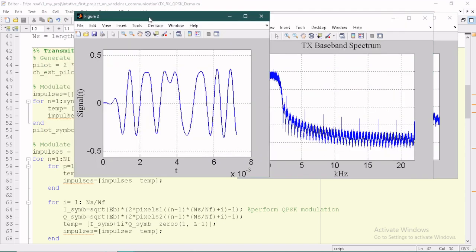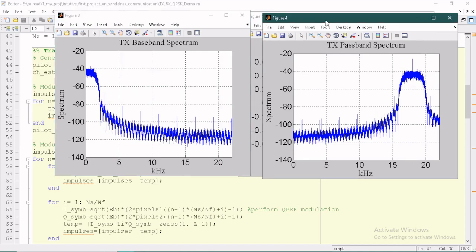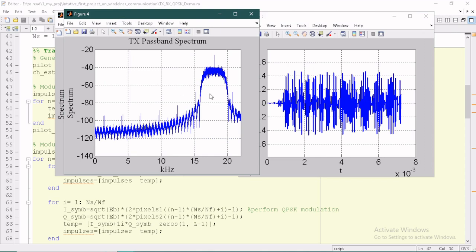This is the pulse-shaped signal. Notice here how the bandwidth is increased a little bit. It's now 2 kilohertz. This is the passband bandwidth that we set. We set it to 4 kilohertz. So see how the bandwidth is increased now. And this is the signal after multiplying by the carrier.